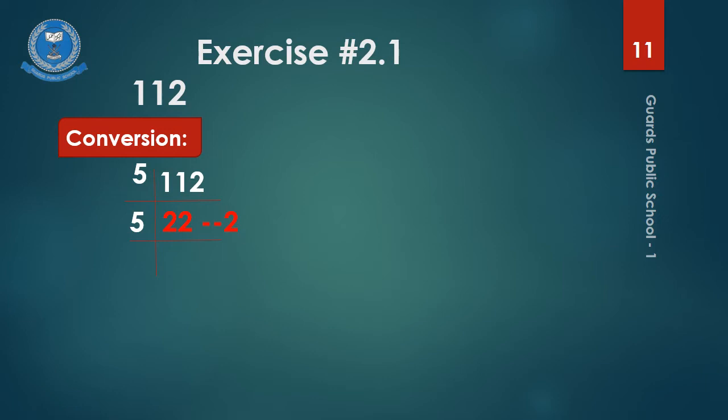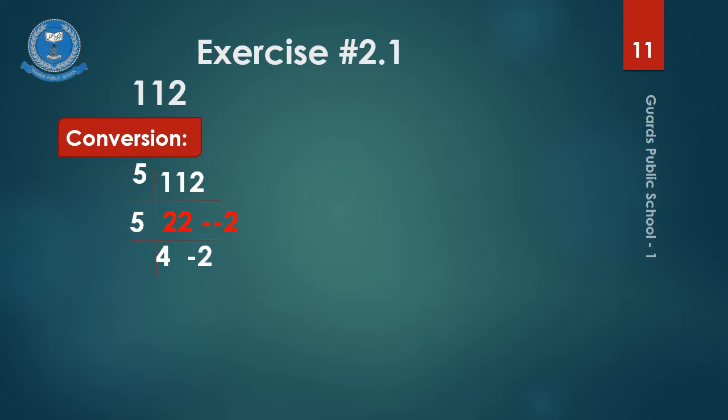Now again we have 22. This 22 will also be divided by 5, right? And we know that this 22 is also not divisible by 5. But the number lesser than 22 is 20, and it is easily divisible by 5. So 5 times 4 is 20 and the remainder will be 2.